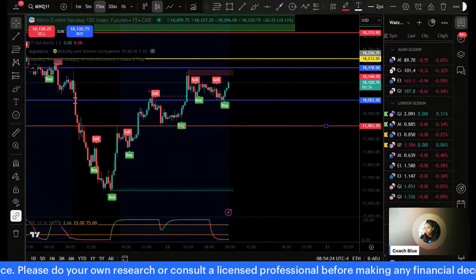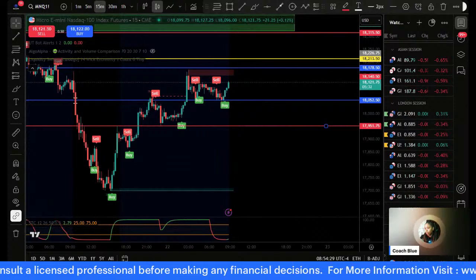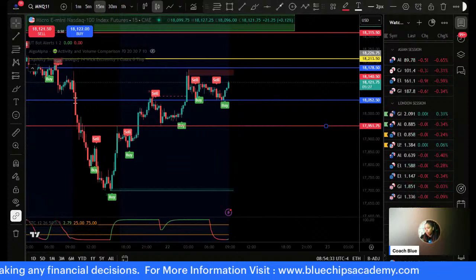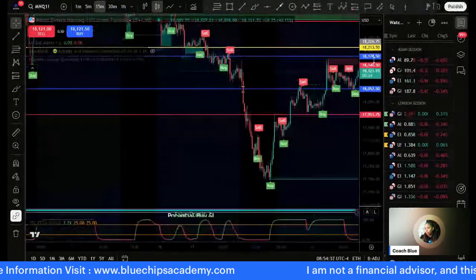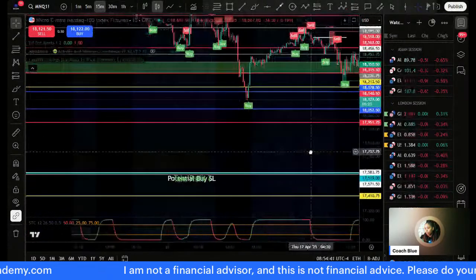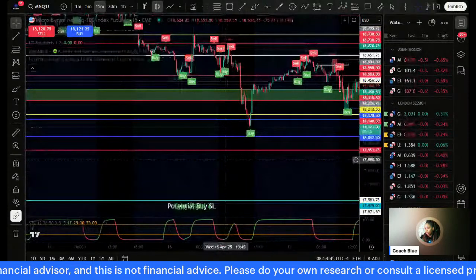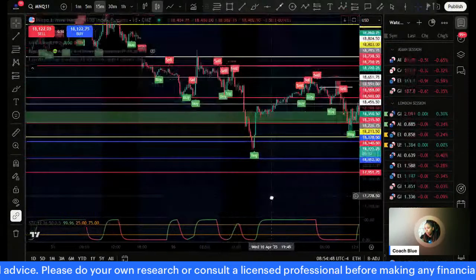So now let's go through, and great morning to everybody that's joined. Now we're going to go to the trade from yesterday, and we're going to break this down. It took a little bit of patience on this one yesterday because the market was doing some fluctuation before it decided it wanted to move.